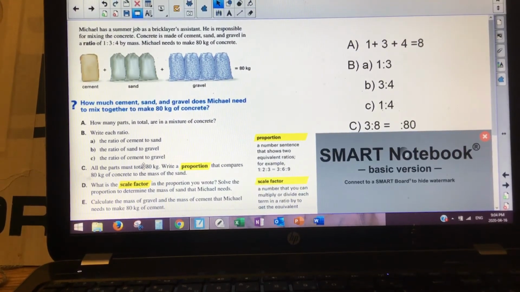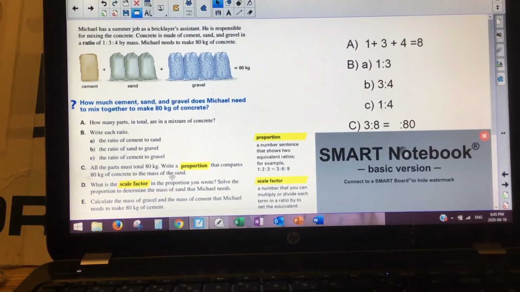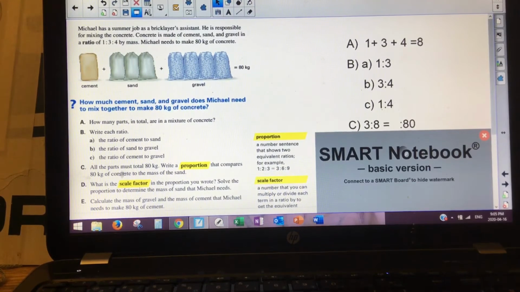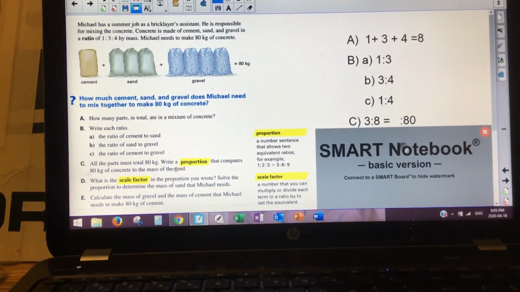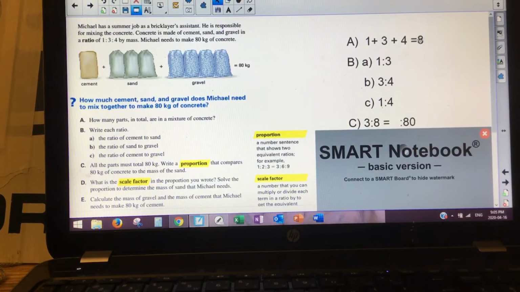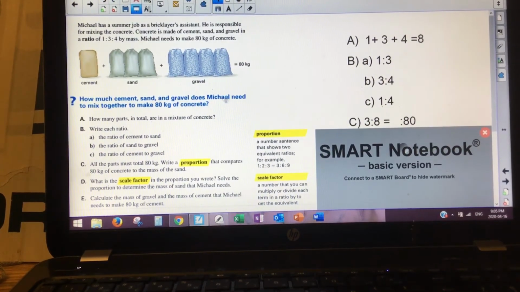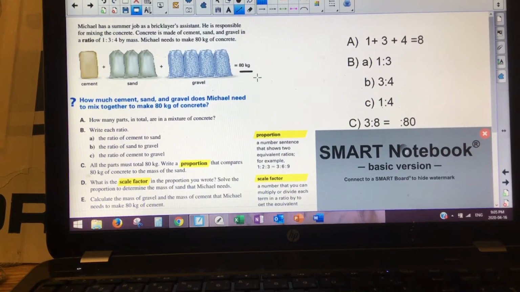This is the proportion. So we want concrete to sand. Okay. So we realize this is the tricky part. In A, it asks for the total. So when it says right here about the 80 kilograms, that's the total.